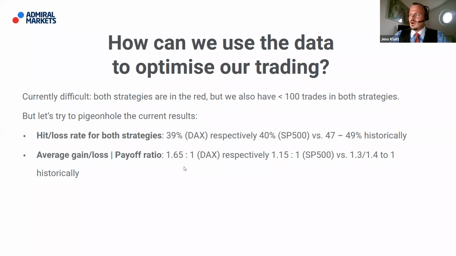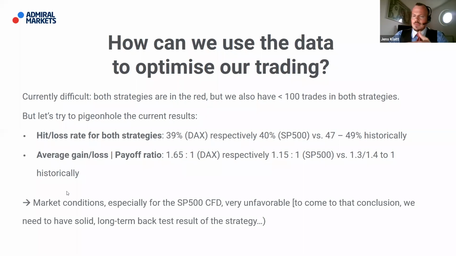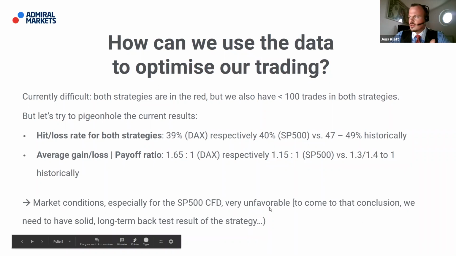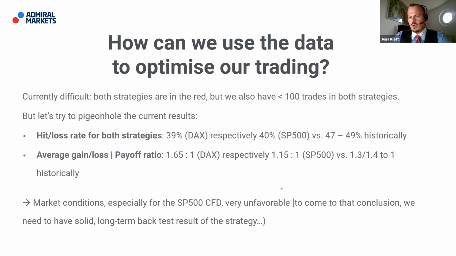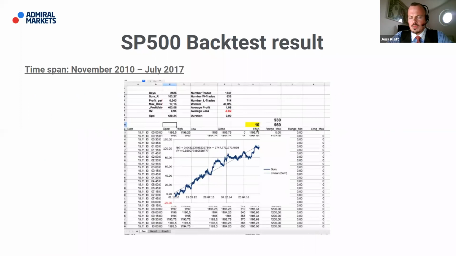So now the thing is, I've already given us an explanation. Market conditions, especially for the S&P, are not very favorable. But we want to have a look at why it's so important to have a solid backtest here, because now you can compare these numbers you have under real market conditions to our backtest result, which I already presented to you.